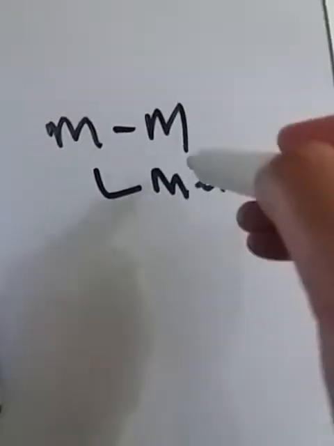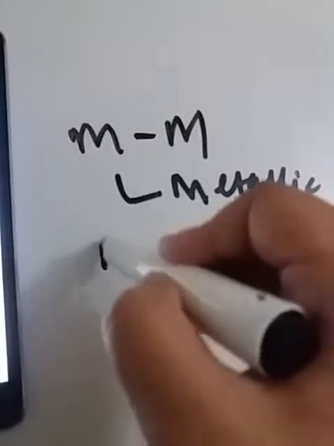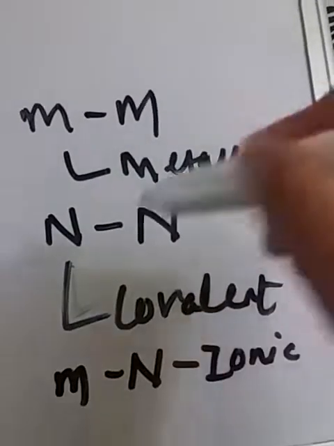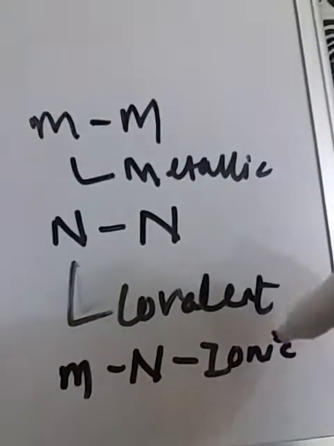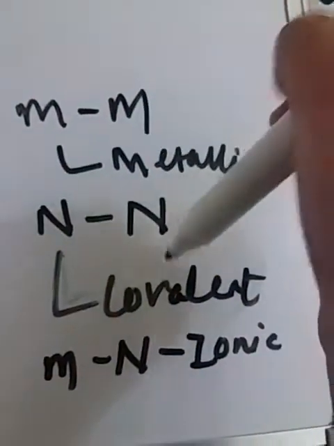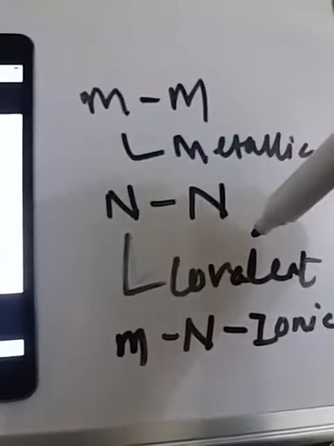Remember that: metal and metal, metallic bonding. Non-metal and non-metal, covalent bonding; metal and non-metal, ionic bonding. But the confusing part is that non-metal covalent bonding is also there, and molecular bonding is also there.